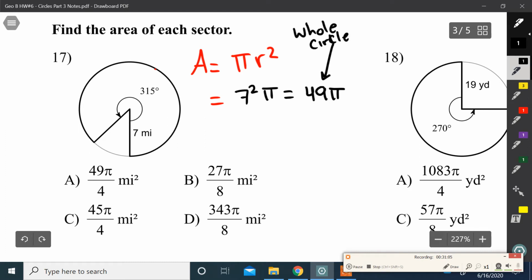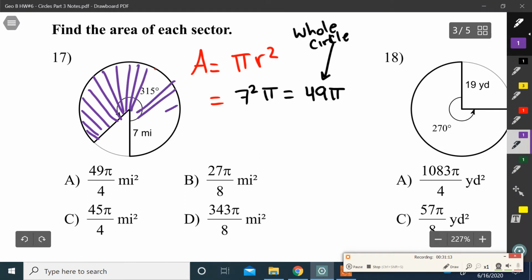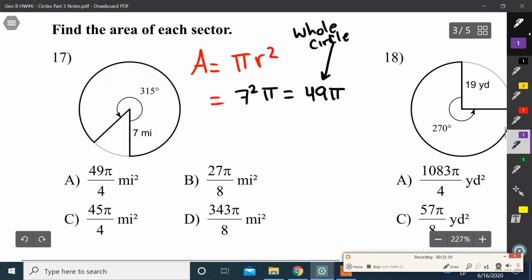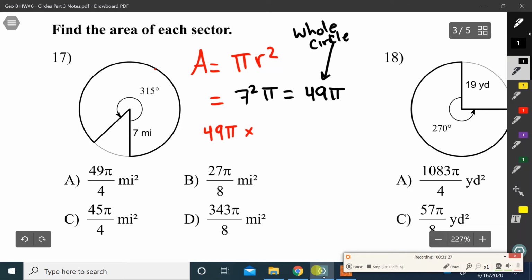But of course, we're not looking for the whole circle, we're looking for a fraction of the whole circle. And what is that fraction? Okay, that fraction is the following. We need to multiply that 49 pi times a fraction.